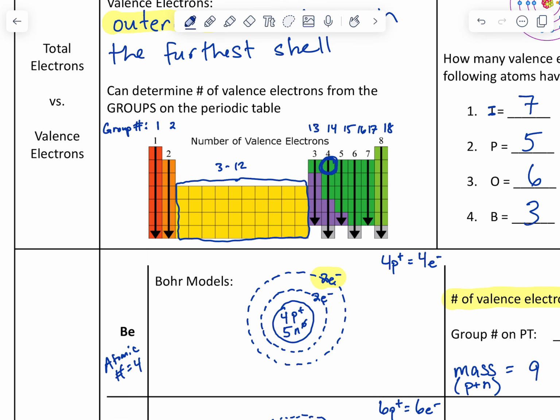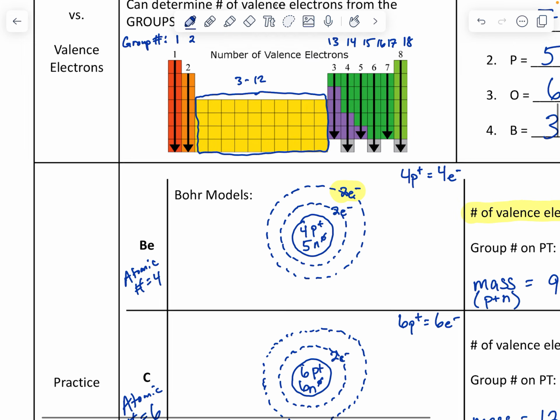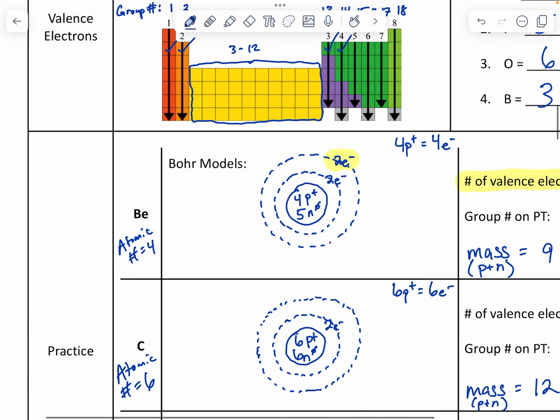Carbon is actually right over here. So we know that in the first shell, we can only fit 2 electrons. And then we have to move on to the next. And so I count 1, 2, 3, until I hit carbon, which is 4.